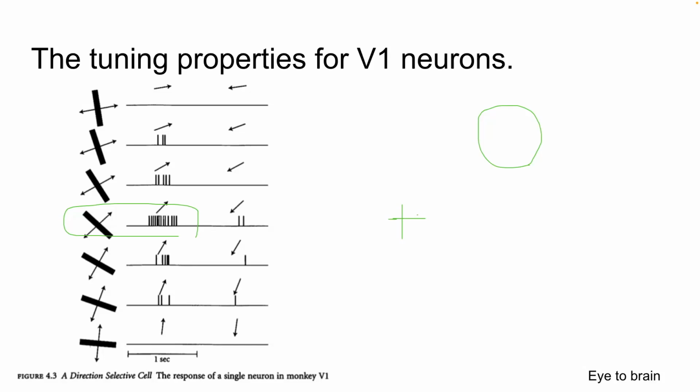And V1 already responds to a line of a particular direction, while the retina only responds to a spot. So there must be something happening in the thalamus, right? Who thinks that the thalamus already responds to the line? Who thinks it only responds to the dot? No idea?